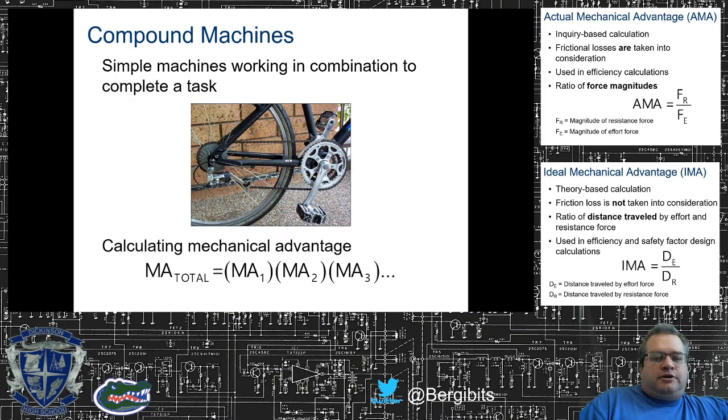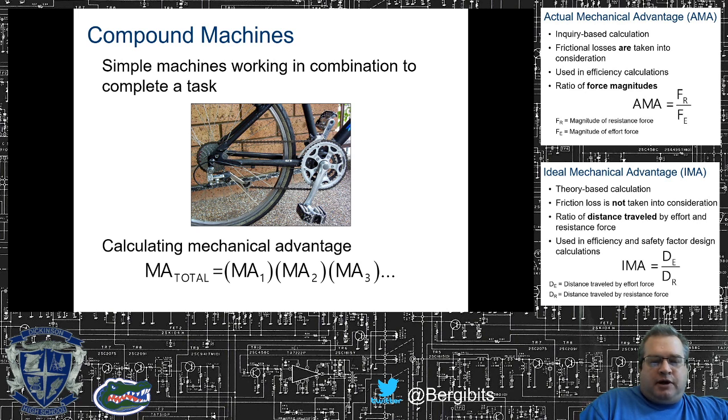All right, compound machines are simple machines working in combination to complete a task. Calculating mechanical advantage, MA total: you have multiple simple machines working together in a bike, for example.